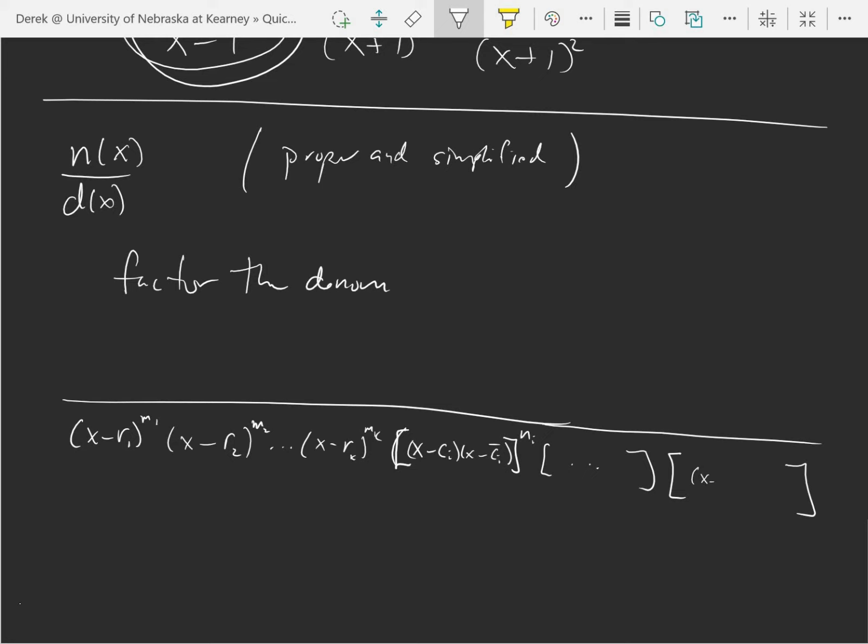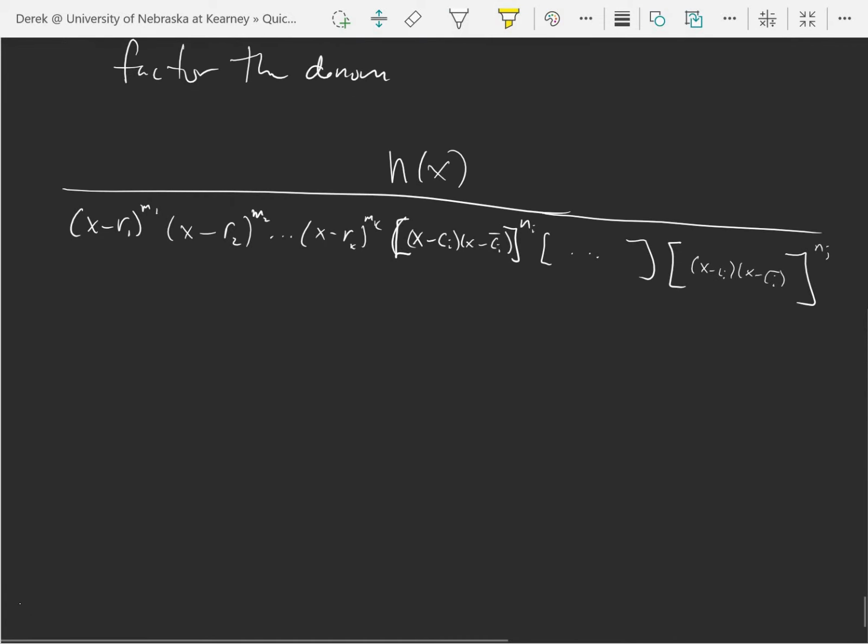So I get x minus ci, x minus ci bar, and this is raised to the nj power. Okay, so we have this thing that's factored, and I've still got the numerator on top, which I don't need to factor.